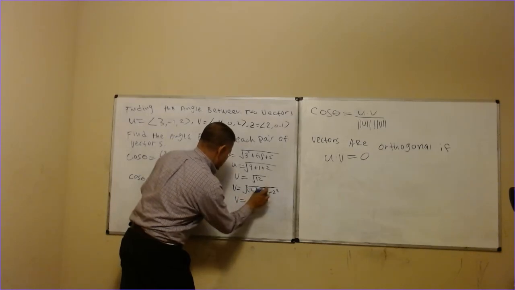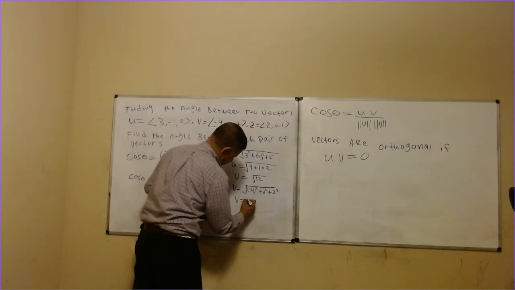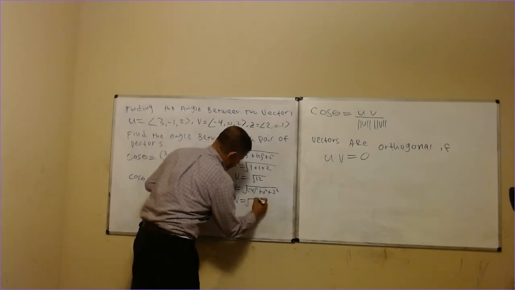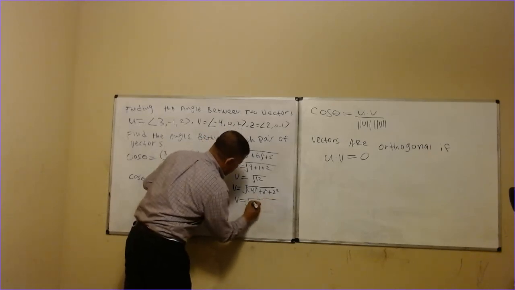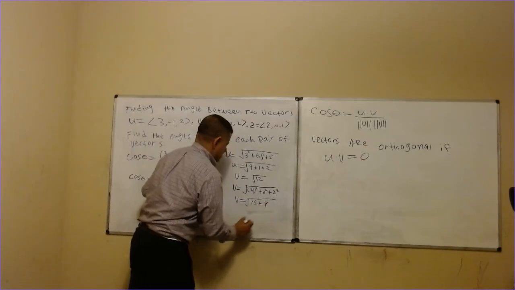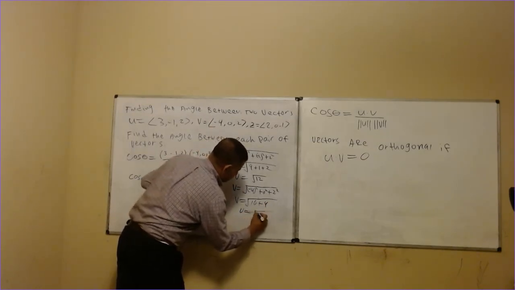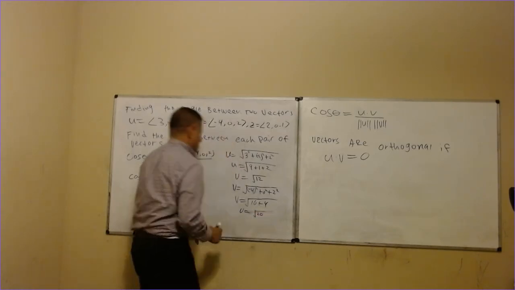Squaring the negative gives a positive, so it's the square root of 16 plus 0 plus 4. So the magnitude of v is the square root of 20.